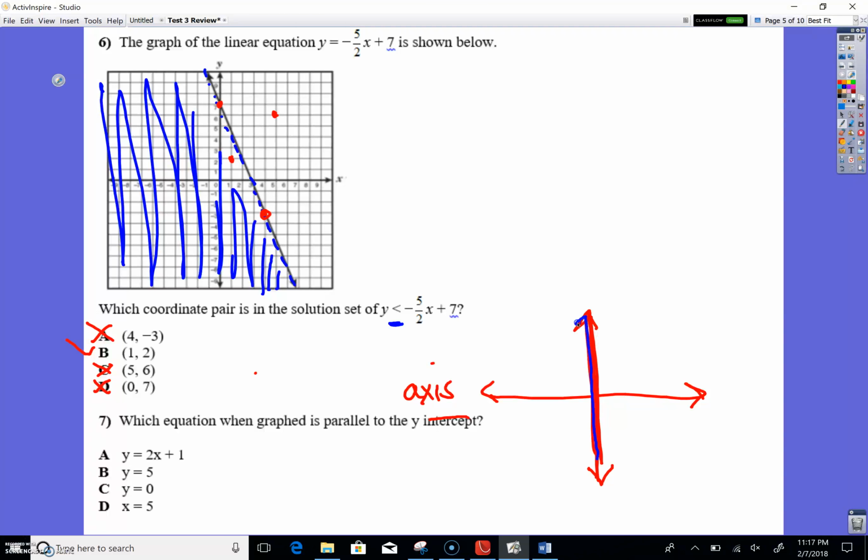So we want something that is parallel to it, something like this. Anytime you have a vertical line, you should have an x equals graph. This is y equals, so that's no. Y equals, no. So the answer is the x equals.